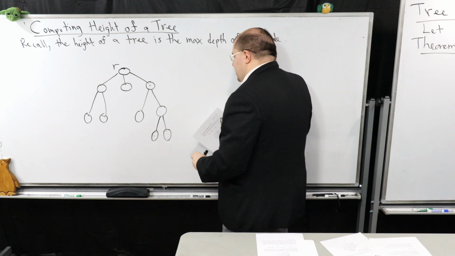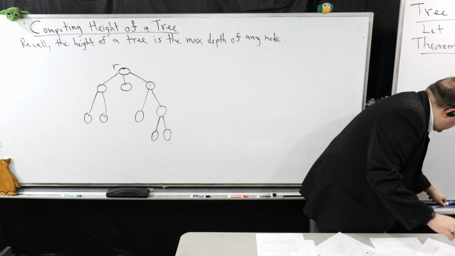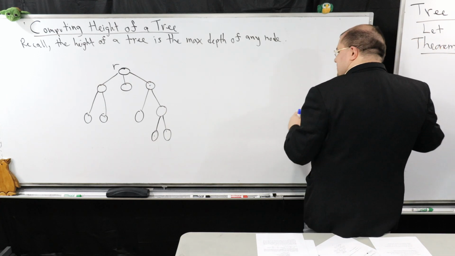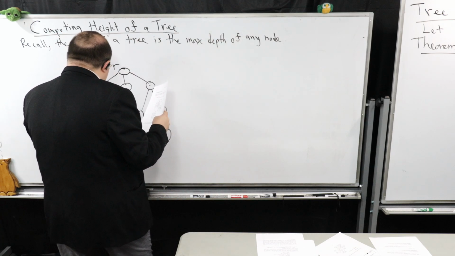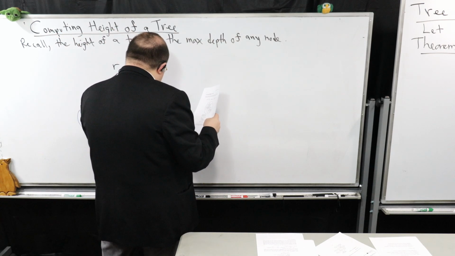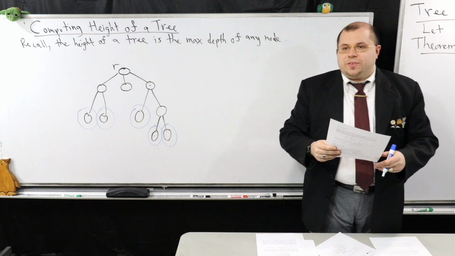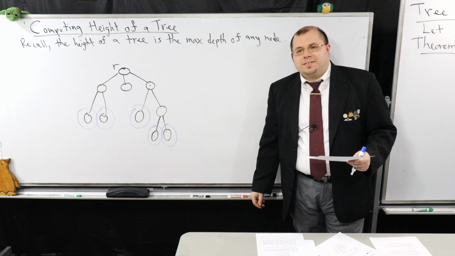So the first thing I want to think about, let me just get a different color out. Please don't mind me, I'm just kind of wiggling around here. So if I look at each one of these nodes, the leaves, if I look at the leaf nodes, what are the heights of each of these? The ones I just circled in blue. What are the heights of each one of these?